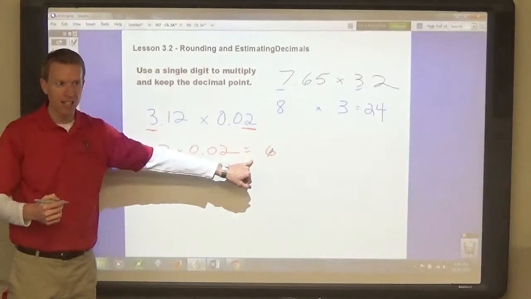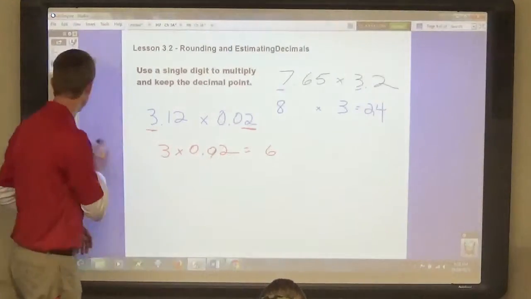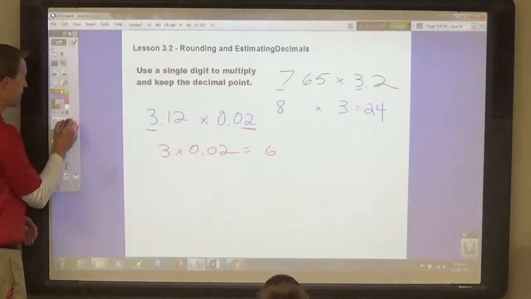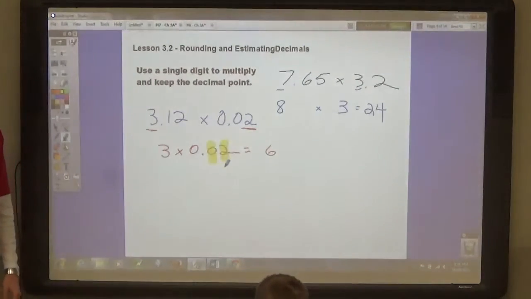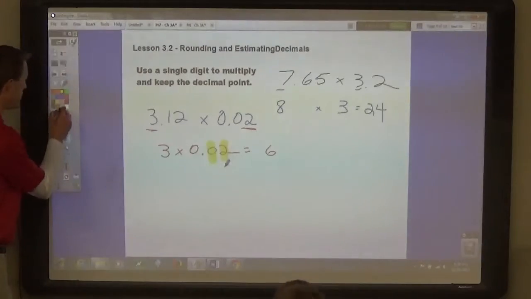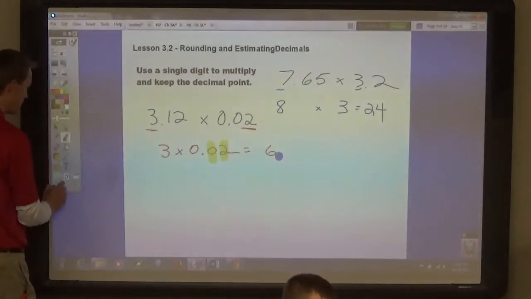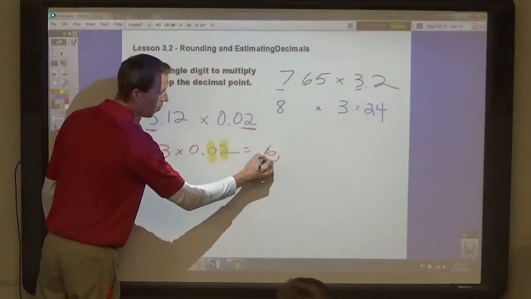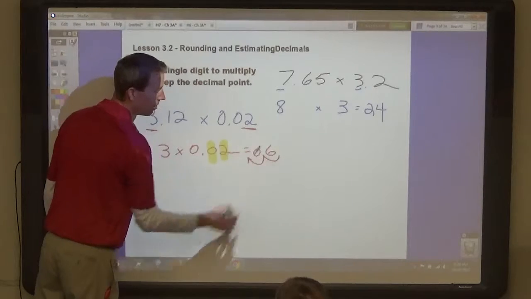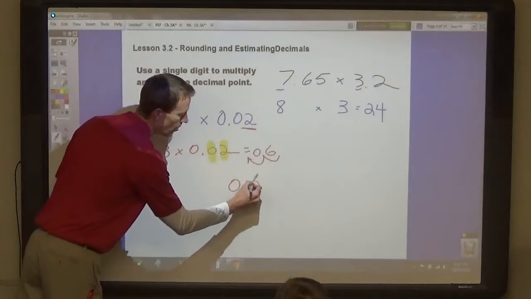Remember when we did this last year? You move the decimal point over the same number of places that are behind the decimal point. So there's 2 places behind the decimal point. We have to move the decimal point 2 places, 1, 2, and then write the answer. So this is 0.06.